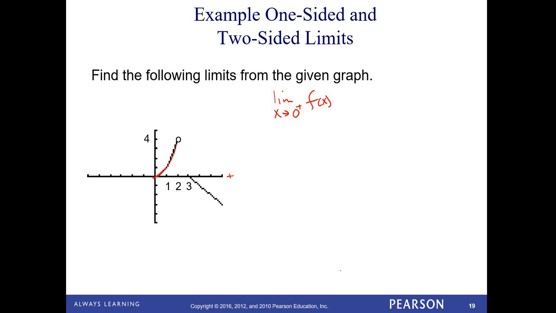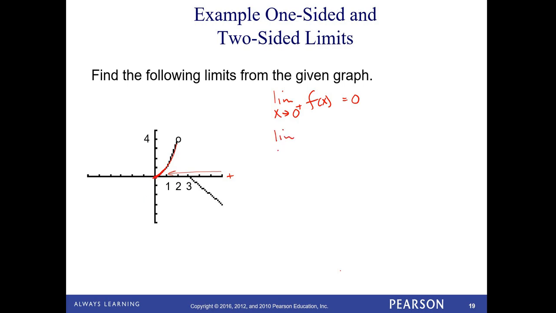As I approach from the right, that means I'm going in a left direction, so be careful of that. Now, this should equal 0, because as I go towards 0 from the right, I'm approaching a function value of 0.